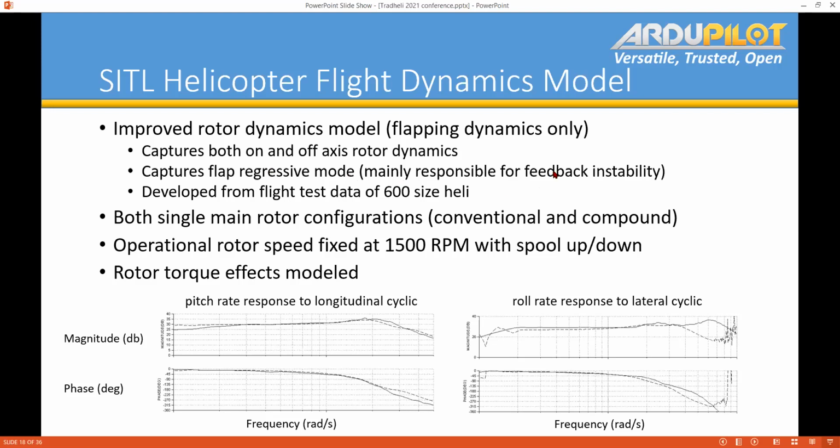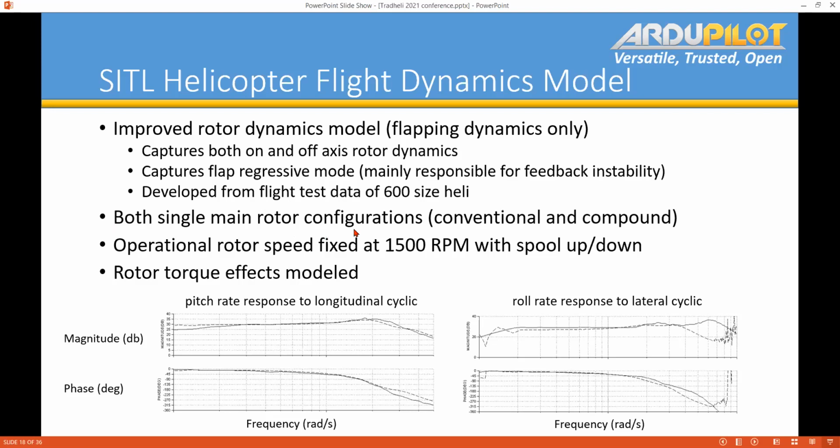Typically, when you increase your gains too high, you'll see the aircraft start to flop around or oscillate pretty heavily. That's when you're tickling that flap regressive mode and destabilizing it. And again, it was developed from a 600 size Heli that I own.